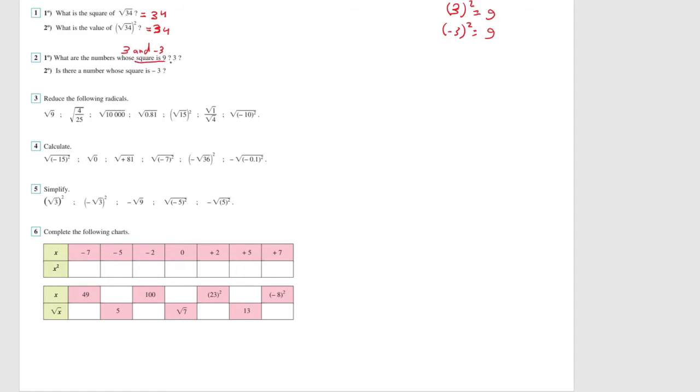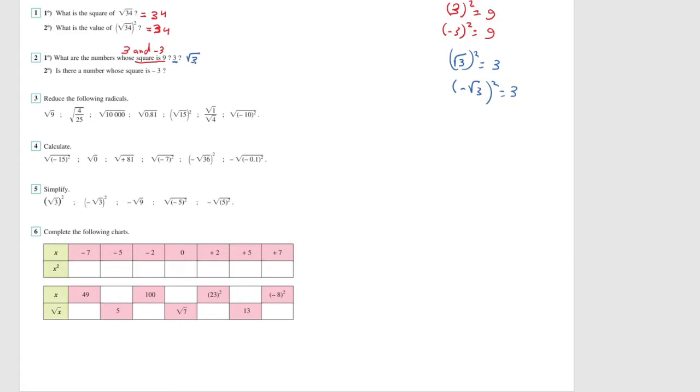Okay, for 3, what are the numbers whose square is 3? Remember we took before that radical 3 squared gives 3. Negative radical 3 squared, negative squared becomes positive, radical 3 squared also becomes 3.